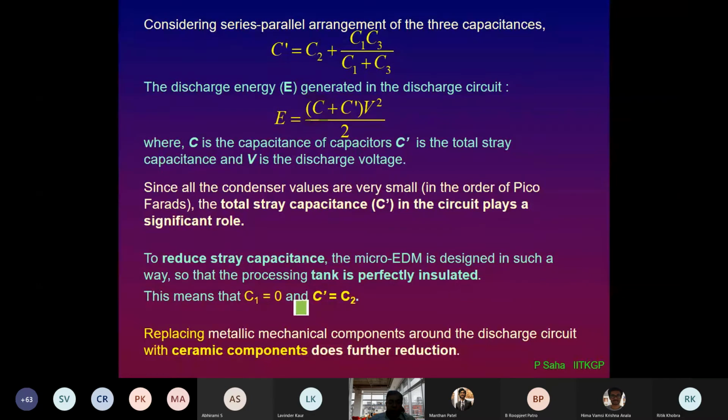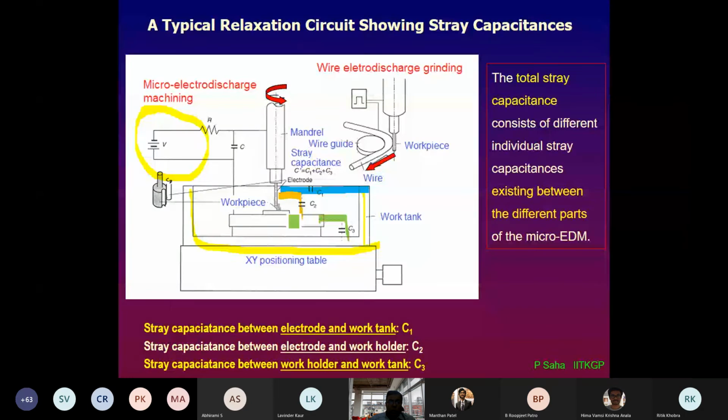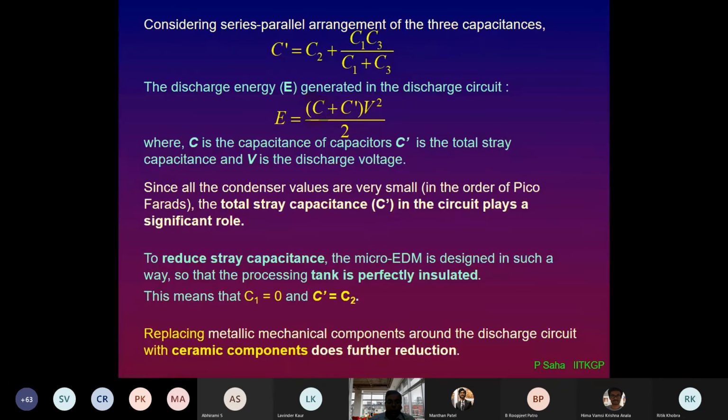That means here your C1 will be 0. So if C1 is 0, then C dash will be nothing but C2. What is C2? C2 is the stray capacitance between the electrode and the work holder.